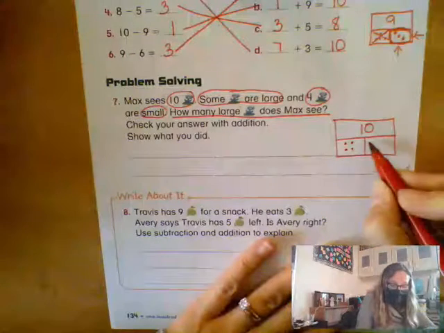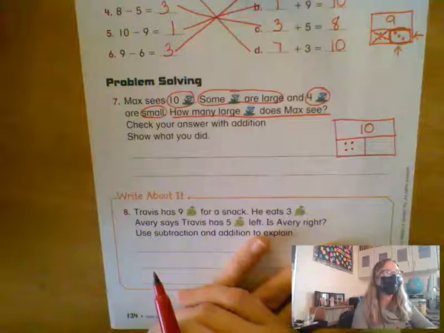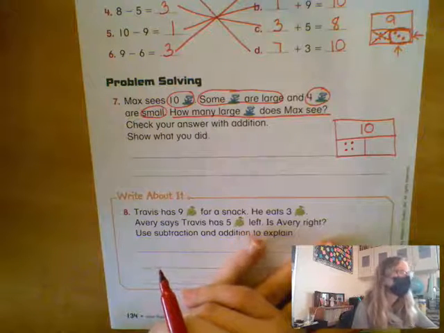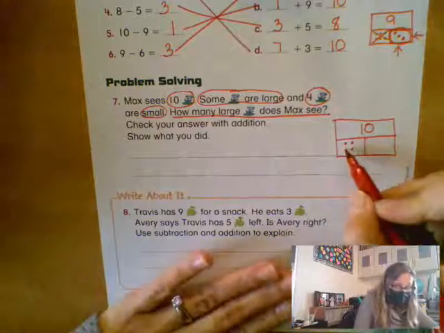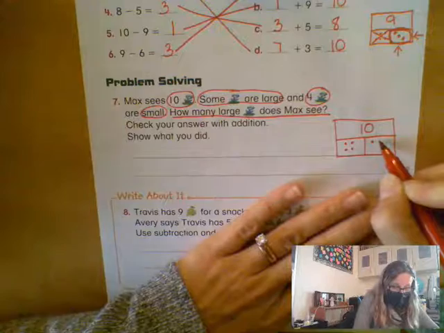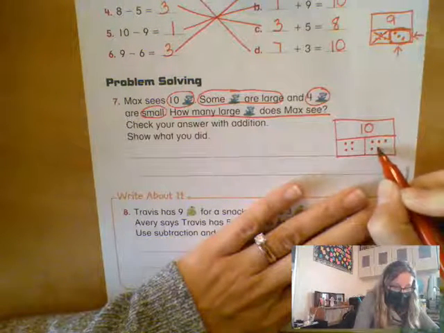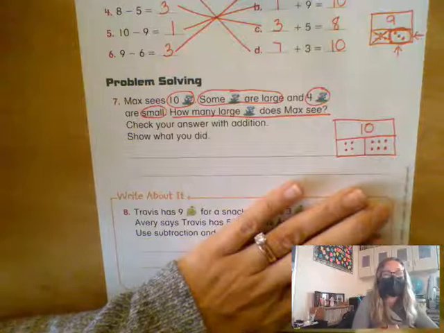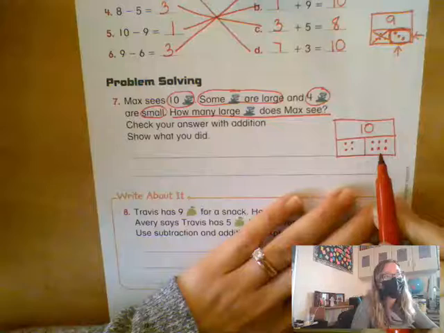Now this part will tell us how many large frogs there are. So let's keep counting until we get to 10. Landon, I have 1, 2, 3, 4, 5, 6, 7, 8, 9, 10. Serafina, how many did I draw? 6.